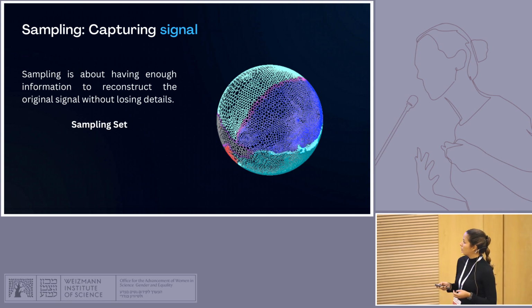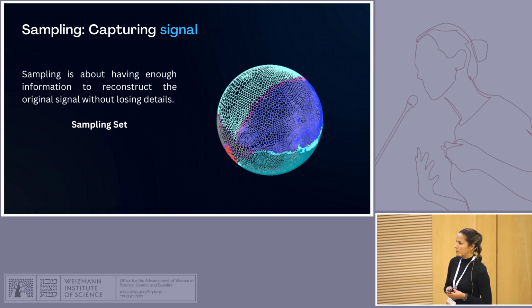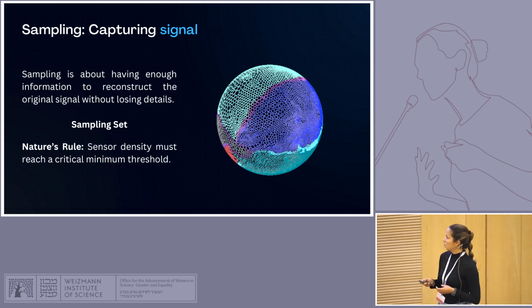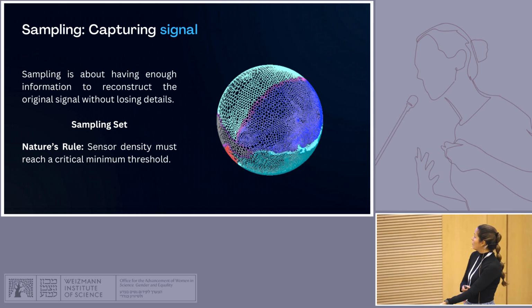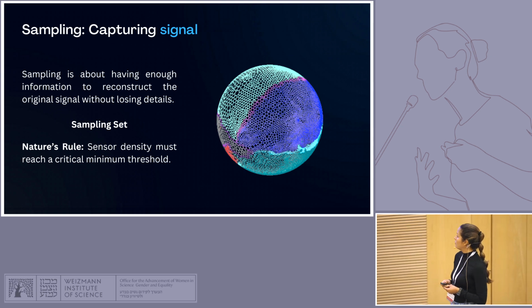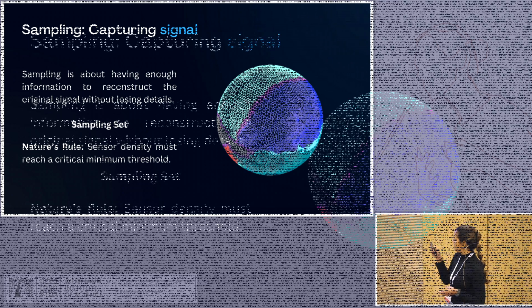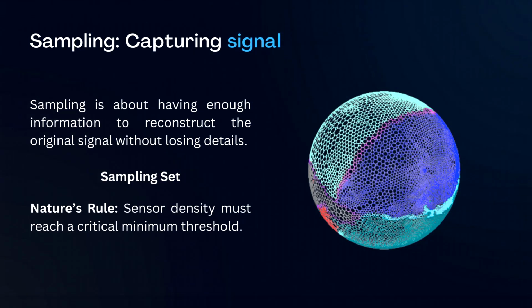And we define for this the sampling set. The sampling set has a natural rule. The sensor density on the sphere must reach a critical minimum threshold. We will see more later.